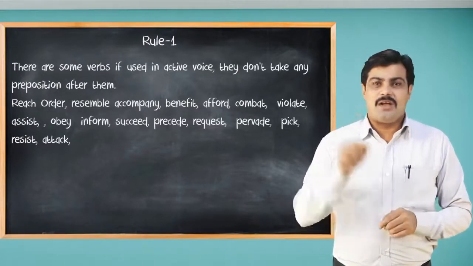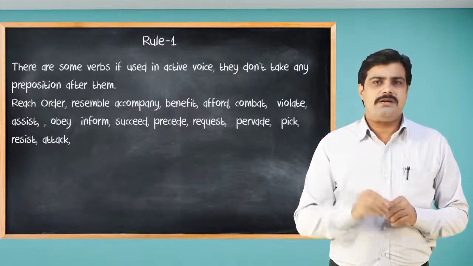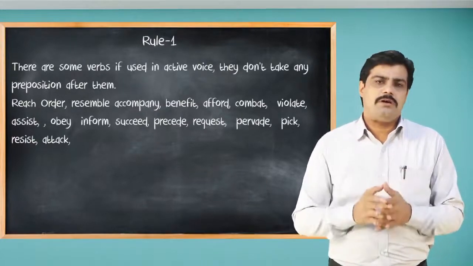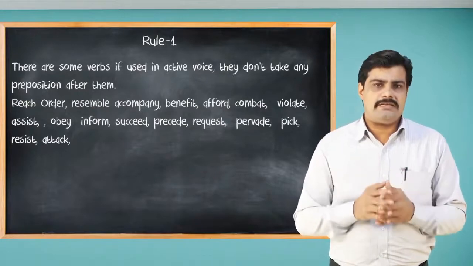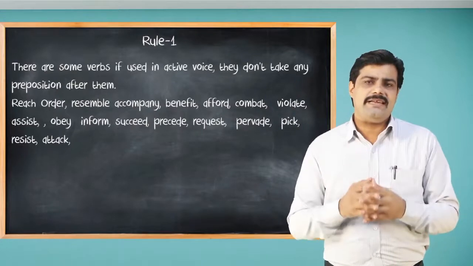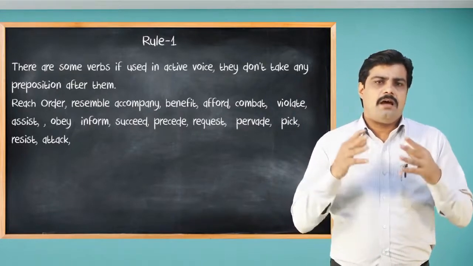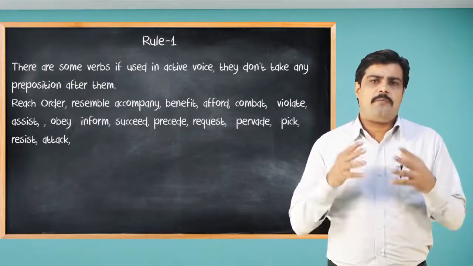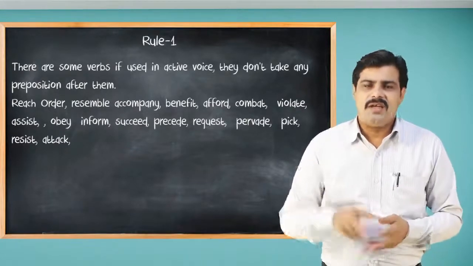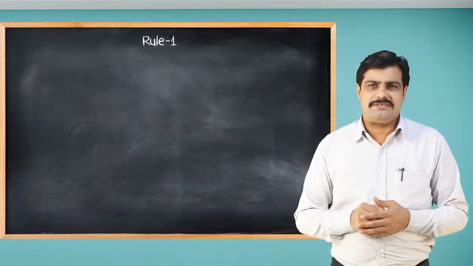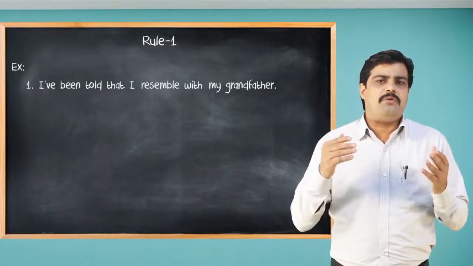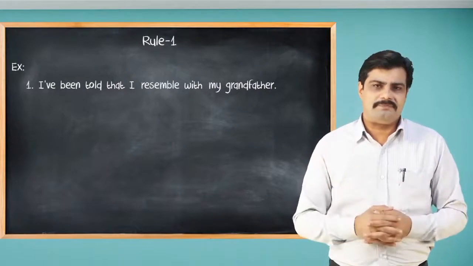These are reach, order, resemble, accompany, benefit, afford, combat, violate, assist, obey, inform, succeed, precede, request, pervade, pick, resist, attack, etc. Now let's take the very first sentence. For example, I have been told that I resemble with my grandfather.